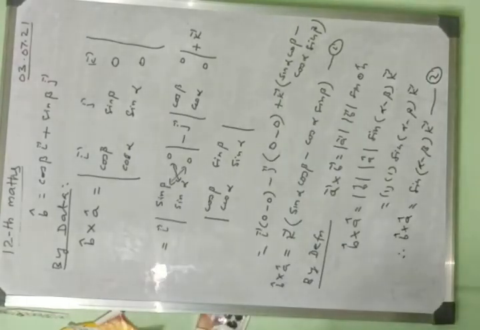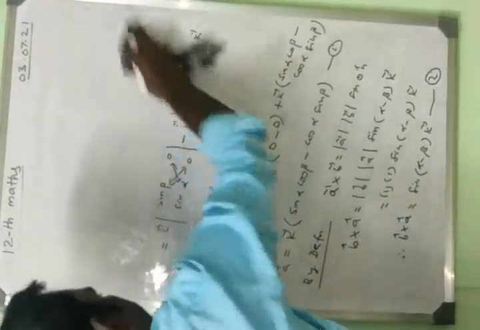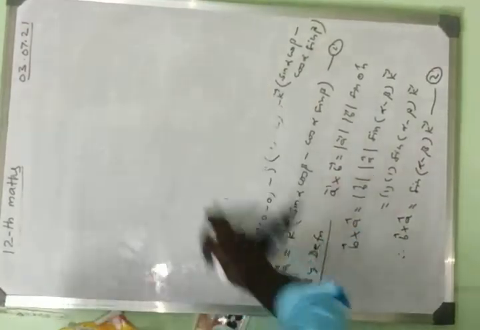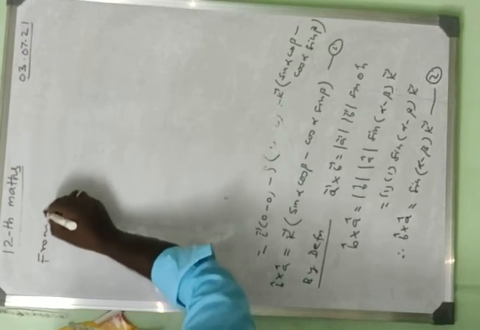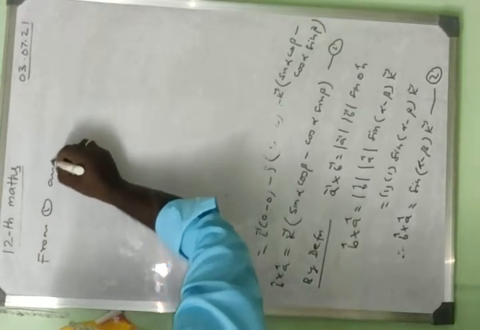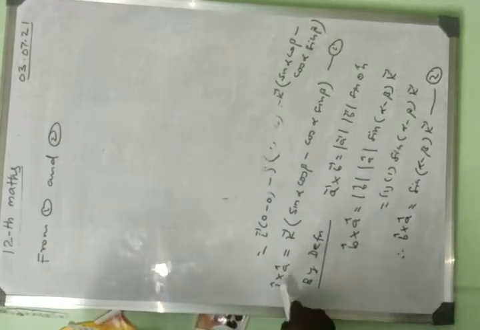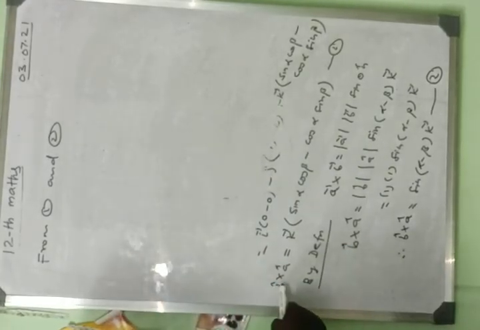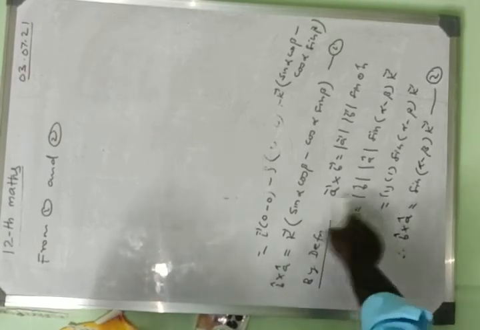Now compare 1 and 2. Listen here, from 1 and 2: on the left side we have cap B cross cap A in both equations. Left sides are equal, so the right sides are also equal.